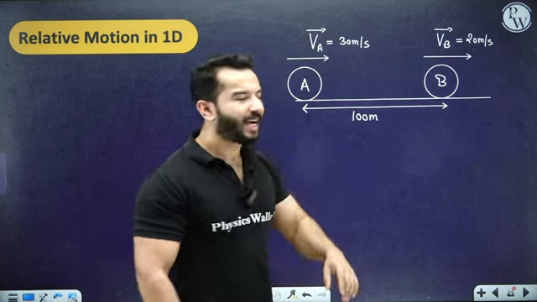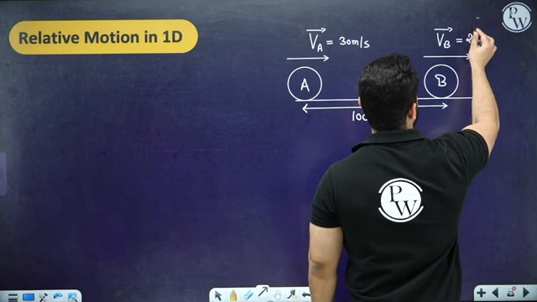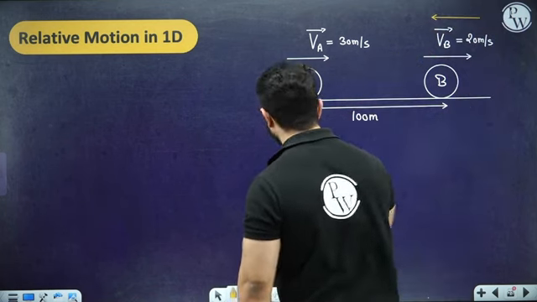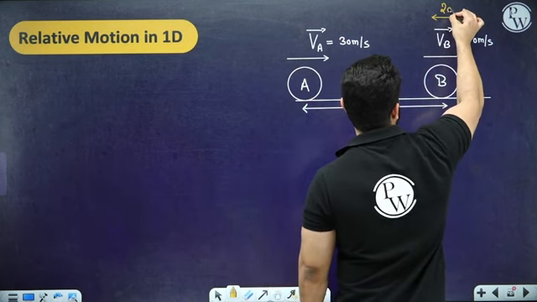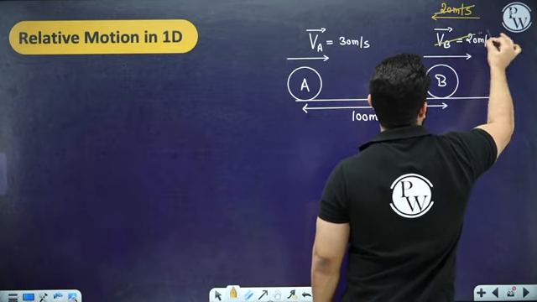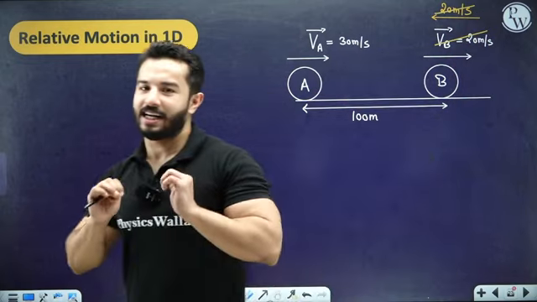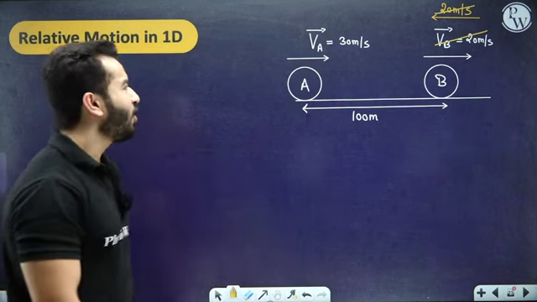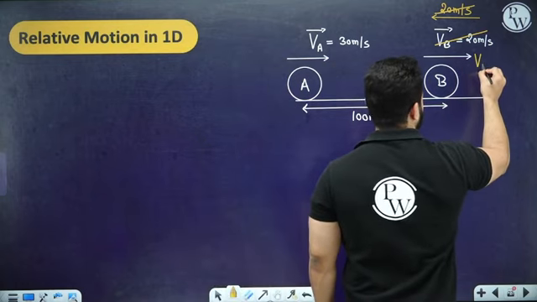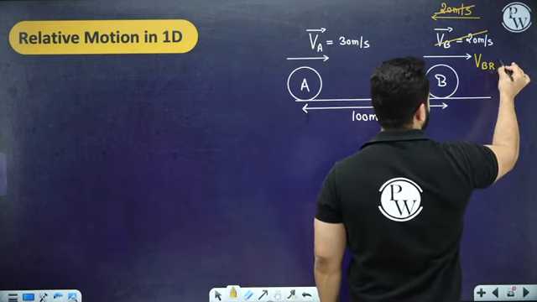So for doing that, can I say that I'll add a velocity vector in the opposite direction, and that velocity vector will be 20 meter per second, so that the net velocity of B will become 0 in my relative world. Is that correct? Right. Now its velocity in my relative world becomes 0.